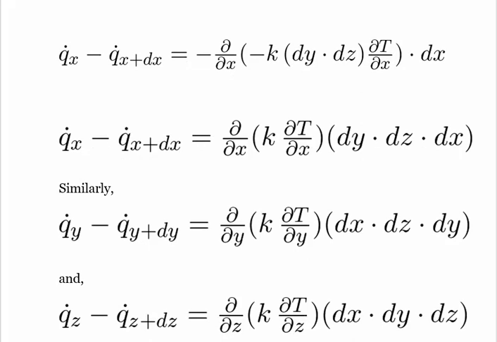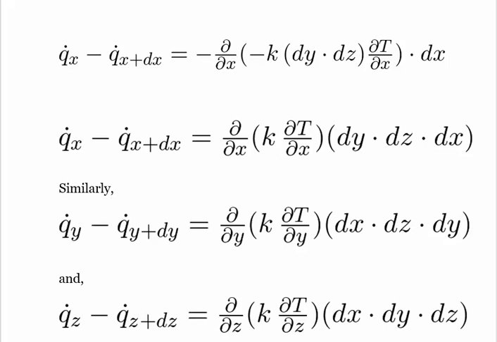In a similar way, taking the x direction as reference, we have the equation for the y plane, that is qy minus qy plus dy is equal to ∂/∂y of k ∂T/∂y times dx dz dy.